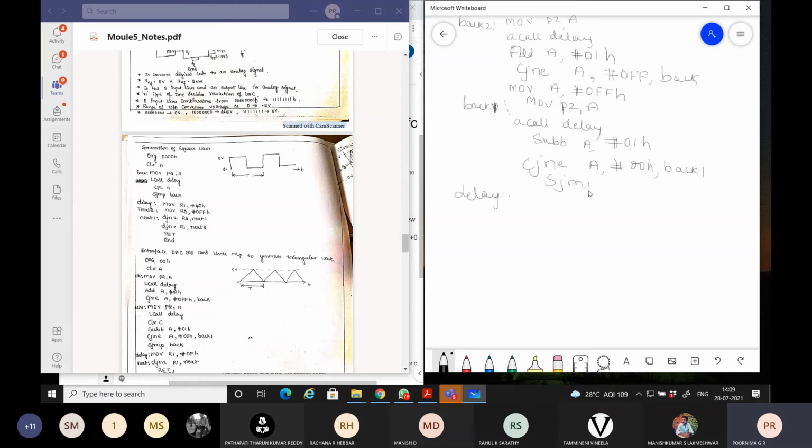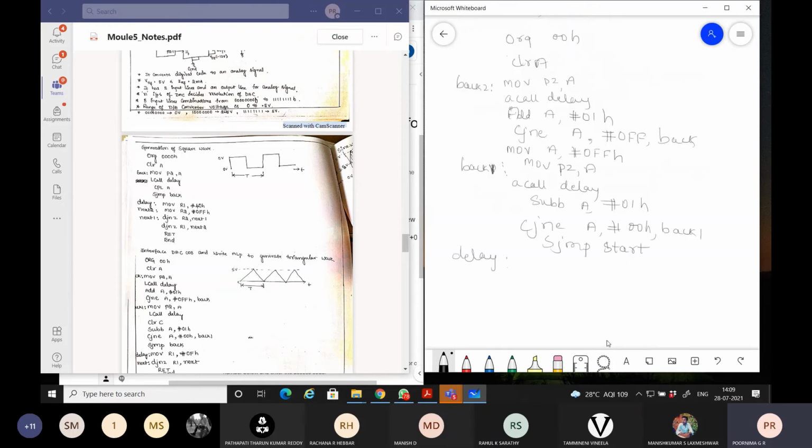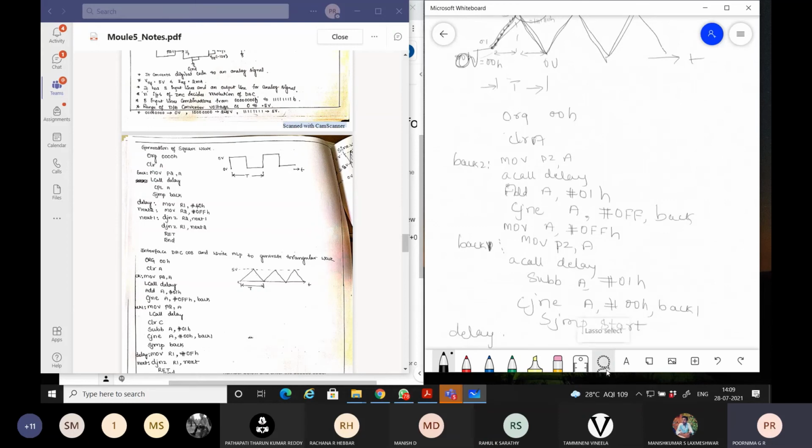Once it finishes, again it has to continuously generate. So therefore, yes, jump to start. Where that start should be? It should start again from the positive pulse. So that positive pulse generation will be from start.